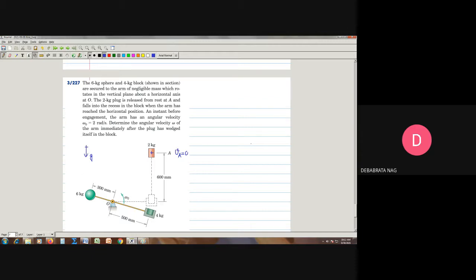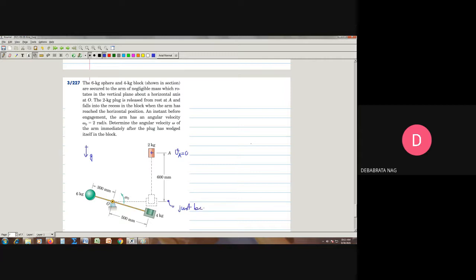So an instant before engagement, we can consider this horizontal position. We can consider that this serves the purpose of the instant just before engagement.